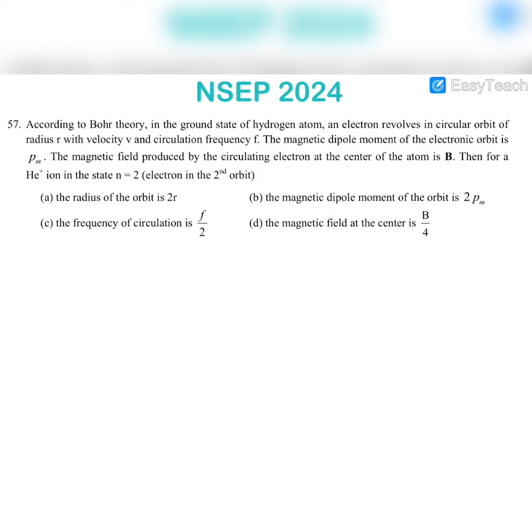So we know, first of all, that radius of orbit is r0 into n square by z, where r0 has a specific value, 0.529 angstroms. For helium, z is 2 and n is 2. So r into n square, which is 4, divided by z, which is 2, would be 2r.